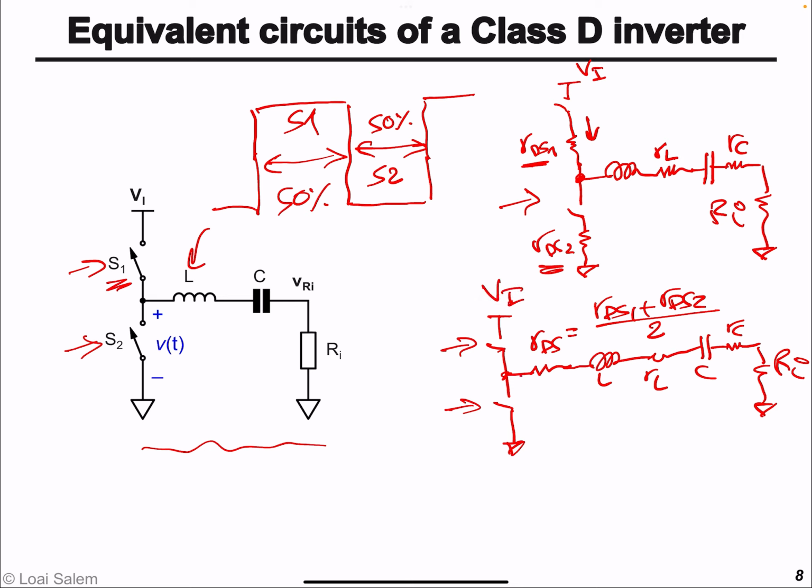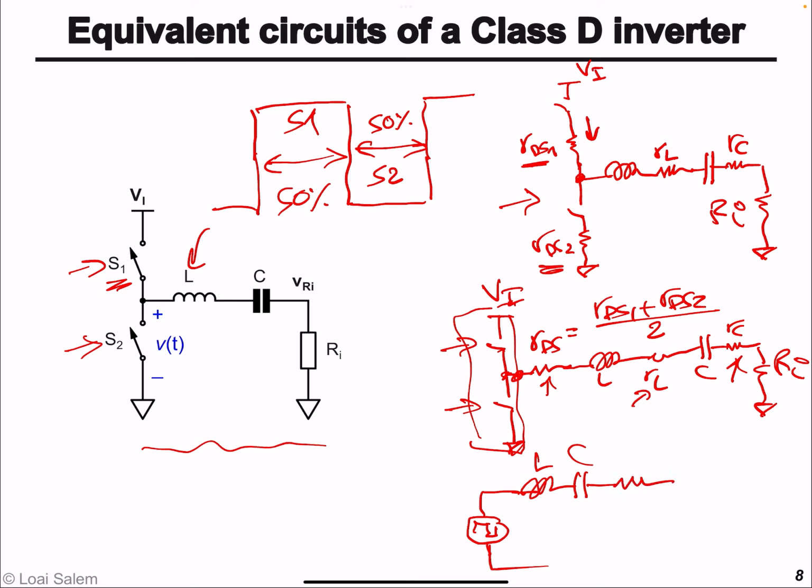So essentially, we can just replace these by a square voltage source. And then we have ideal inductor L, ideal capacitor C, and I could move RDS, RL, and RC in here. Let's just call them small r, where small r is equal to RDS plus RL plus RC.